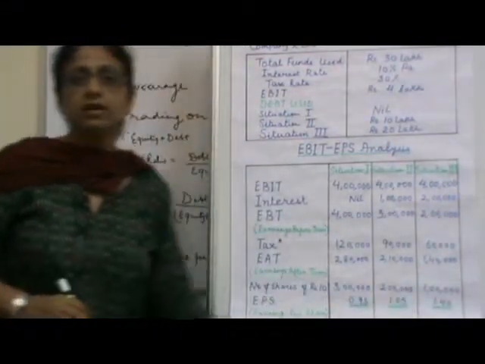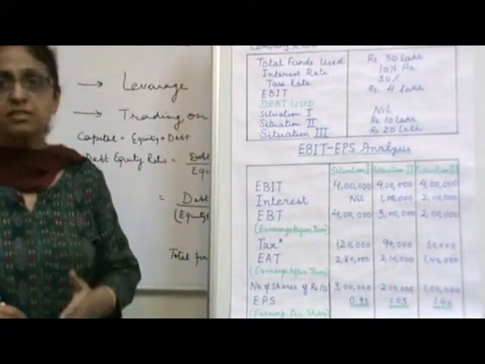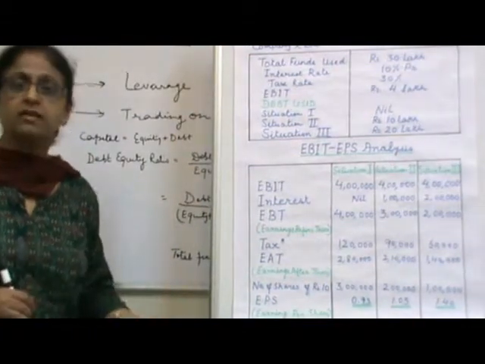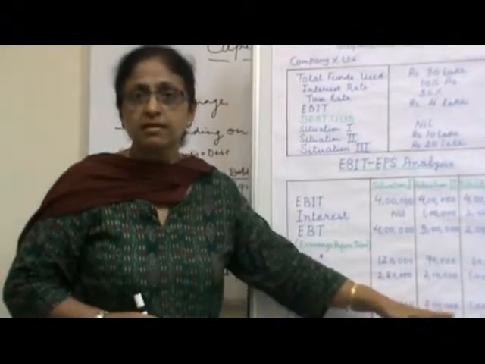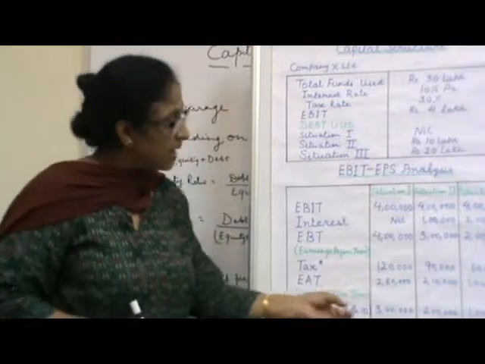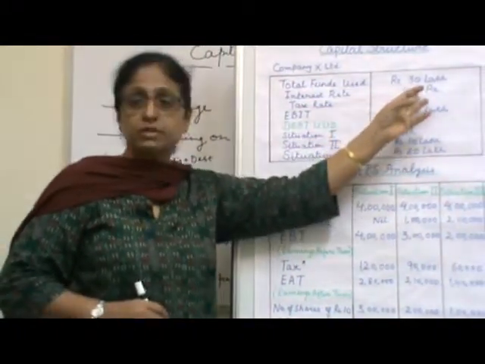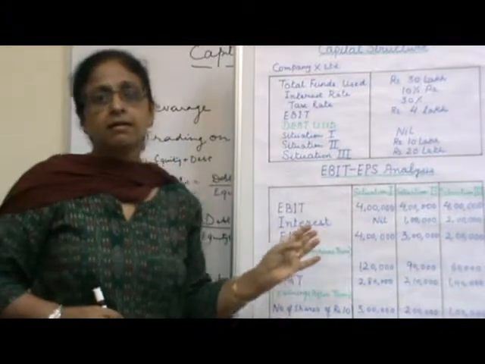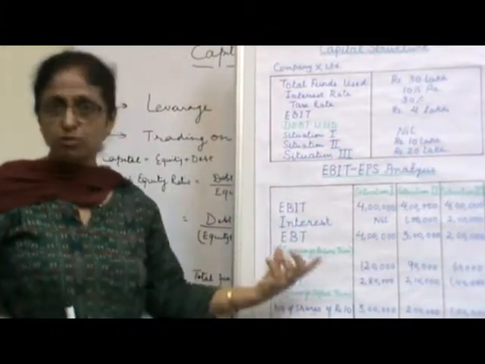It is called trading on equity. By employing funds which have a fixed cost lower than the return on investment, we are increasing earning per share. In the same manner, we can calculate a scenario where the interest rate is 15%, which is more than the ROI of the business. In that case, the situation will not be so favorable.